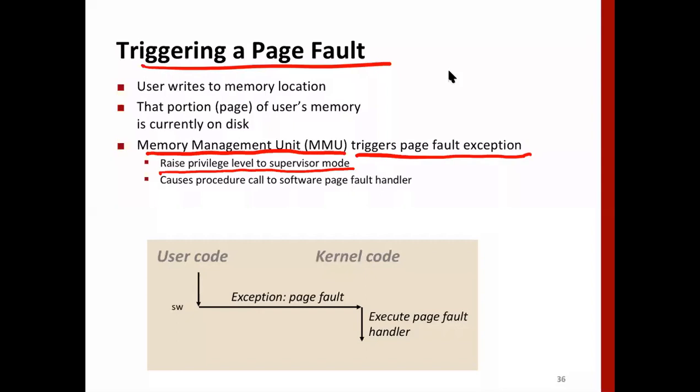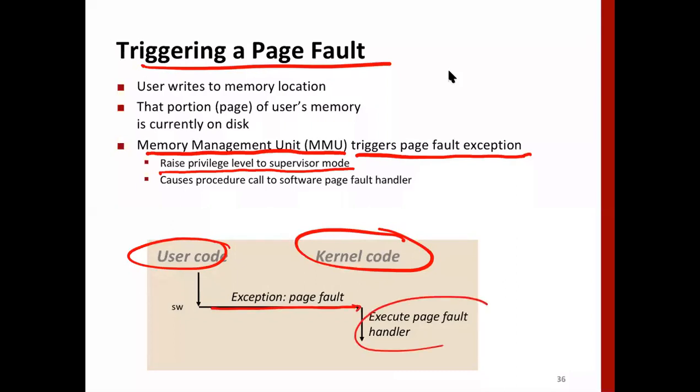The process of bringing the page from secondary memory and loading it into the appropriate page in physical memory is the role of the OS. Now the process is running in user mode because you have written a program and it's running. But all this transfer is very sensitive and the user cannot do it, so it must be done by the kernel or OS. So a page fault happens and the OS runs a program called the page fault handler and brings the page from disk into main memory.